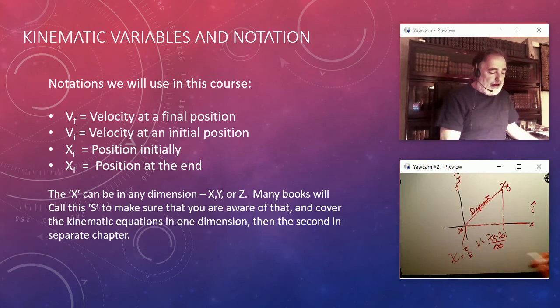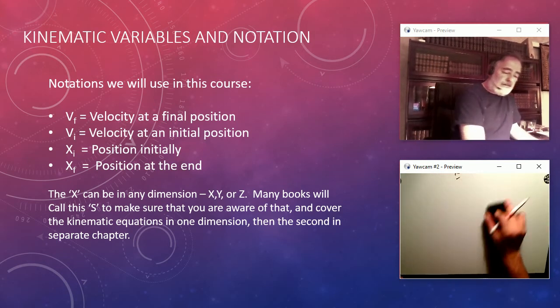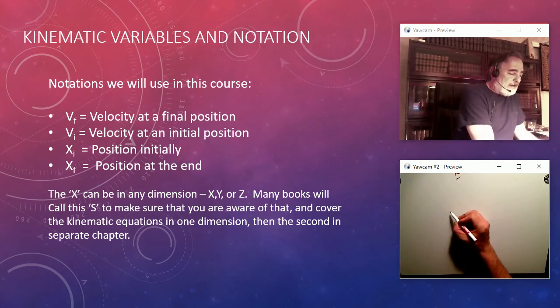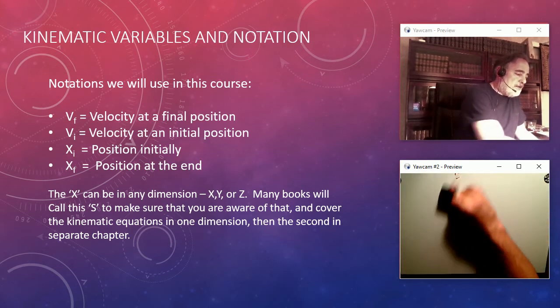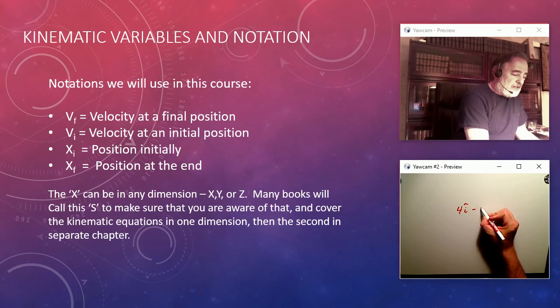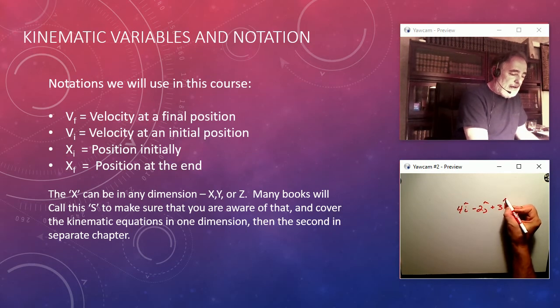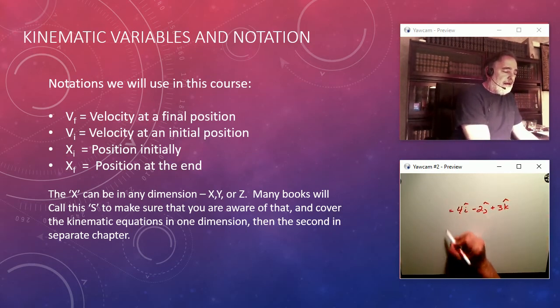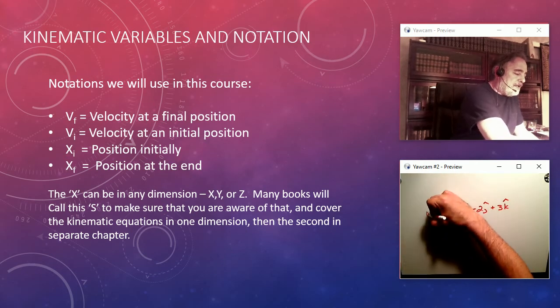So if I have a position I can define in its 3-coordinate system as, let me just write that down. Hold on. 4I minus 2J plus 3K would be defining my position.